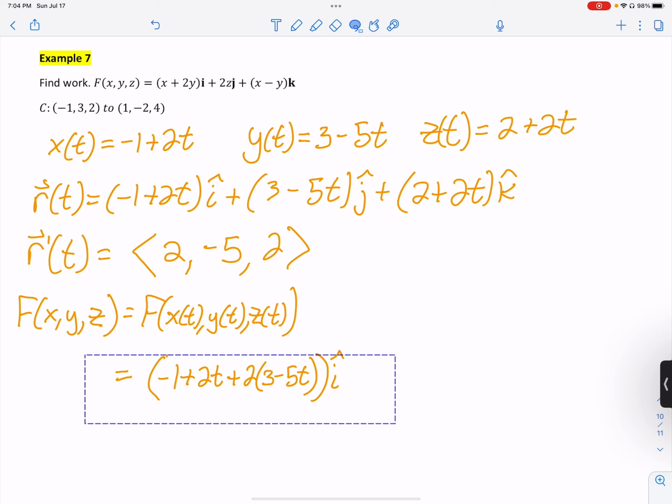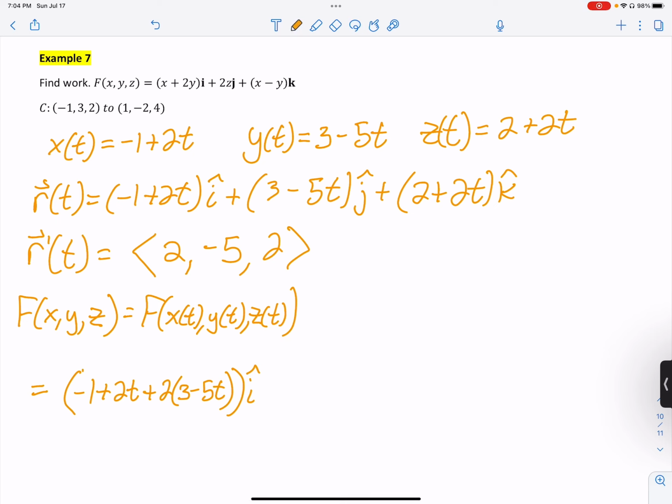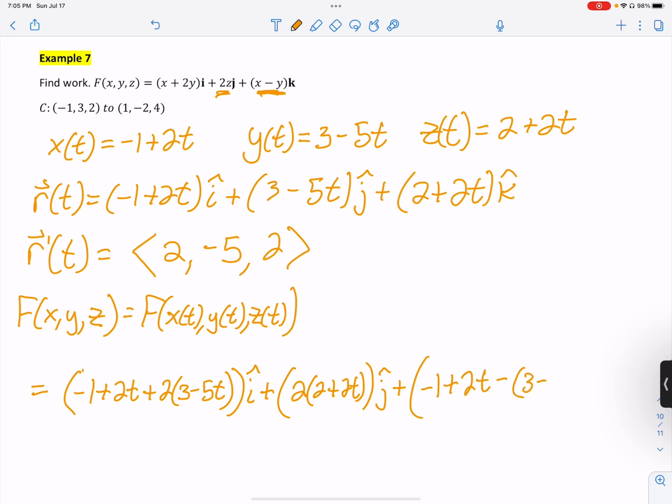Plus the next one, 2z, so 2 times (2 plus 2t). That's j. And then plus x minus y, so -1 plus 2t minus (3 minus 5t).